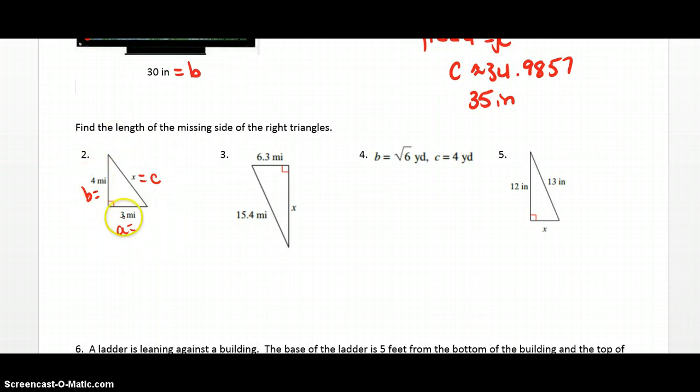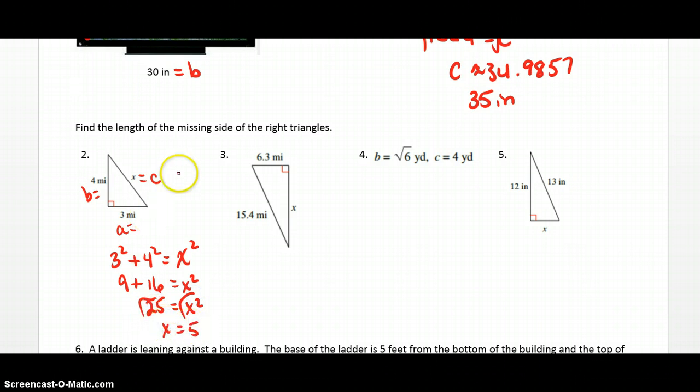So we would take 3 squared plus 4 squared equals C squared, or X squared. 9 plus 16 equals X squared, and 9 plus 16 is 25. Then I can take the square root, and I get X equals 5. And so I have my missing value.